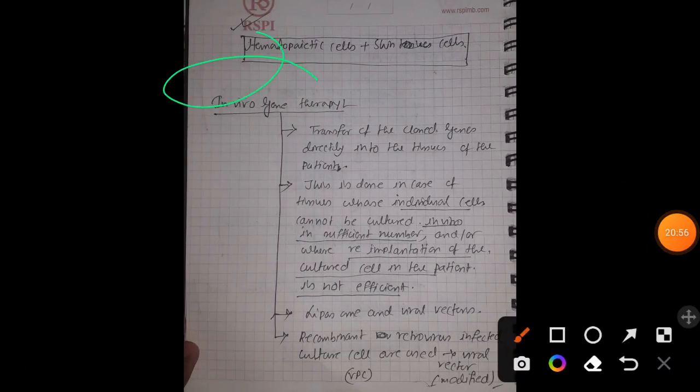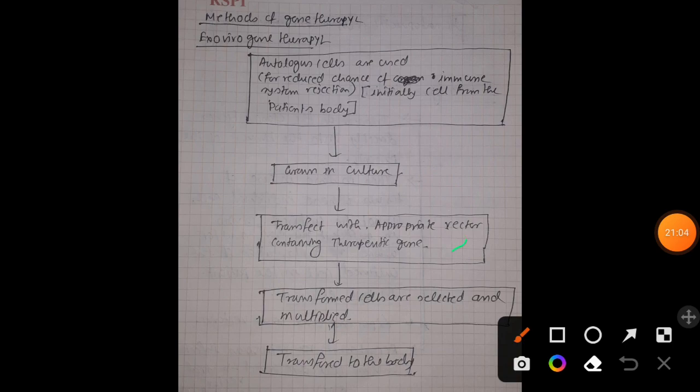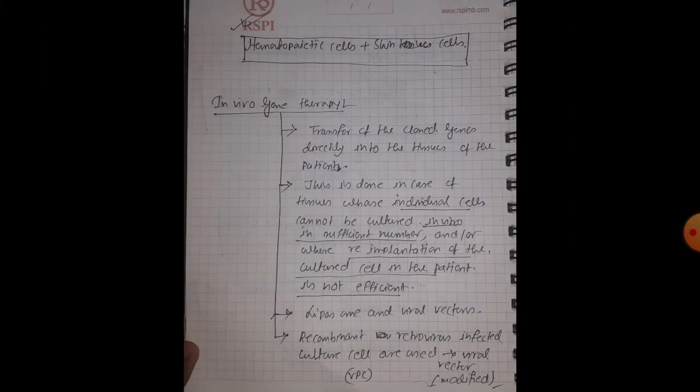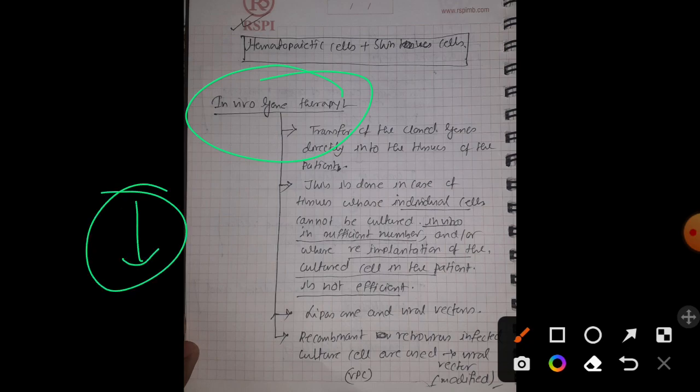Another important thing is, in ex vivo gene therapy, we can select the transformed cell and then amplify them before transferring them inside our body. But in vivo gene therapy does not provide such opportunities, and that is why its efficiency is much lower than ex vivo gene therapy. The efficiency of in vivo gene therapy totally depends on the transfer of the gene and the ability of the cell to express those genes.